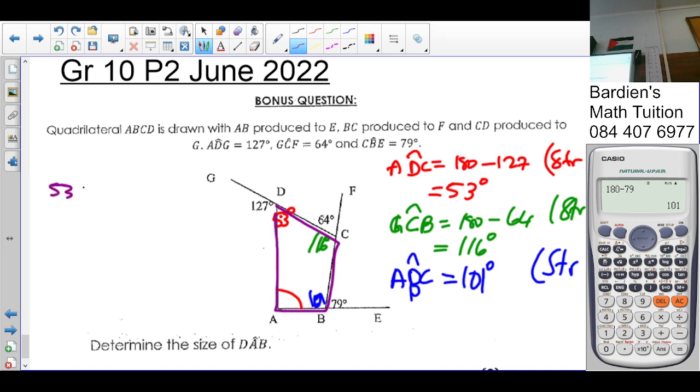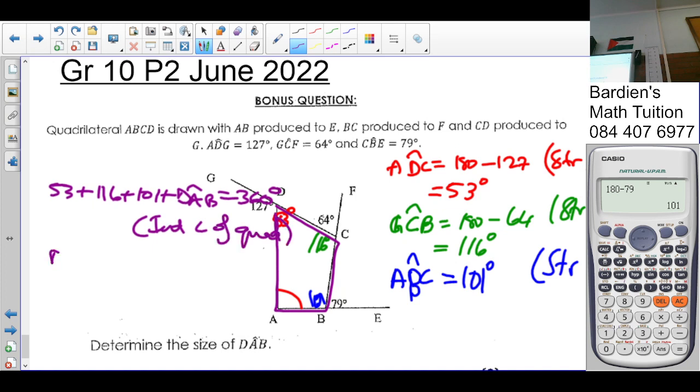So 53 plus 116 plus 101 plus DAB equals 360. Why? Because those are the interior angles of a quad. So DAB is equal to 360 minus 53 minus 116.